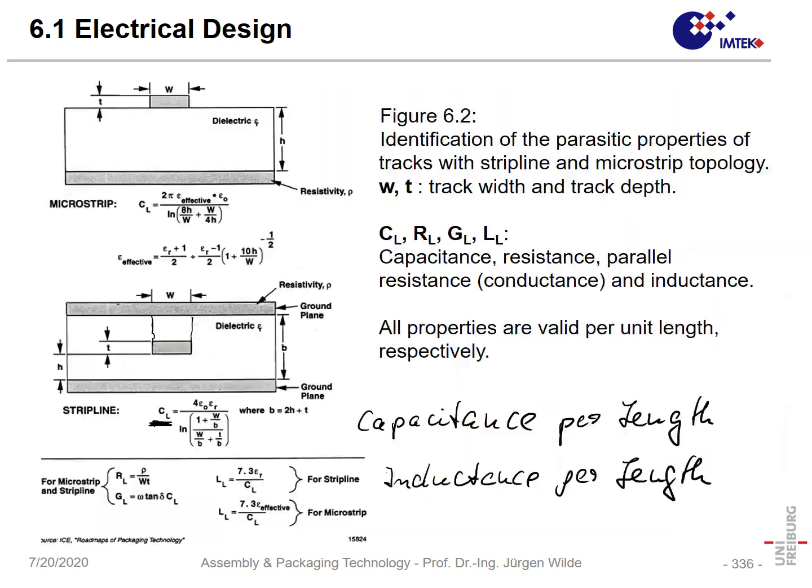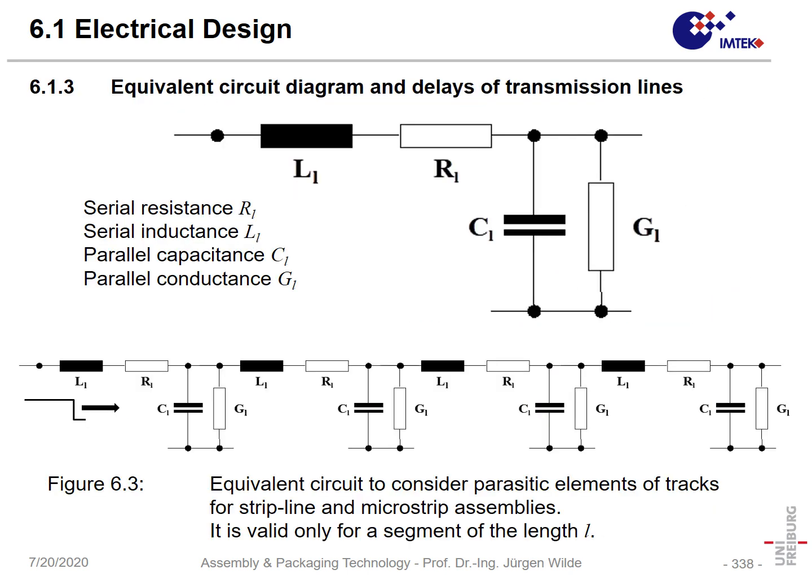So we can see here it acts like a plate capacitor, and we have a ground conductance. That is not really a DC conductor, but it is an AC conductor.